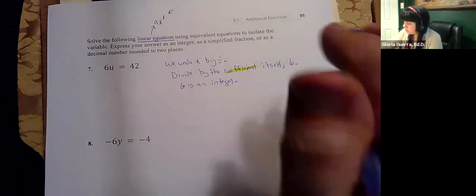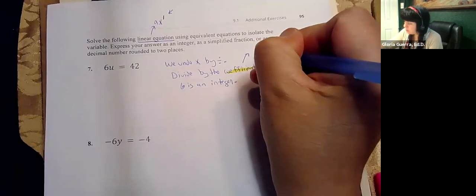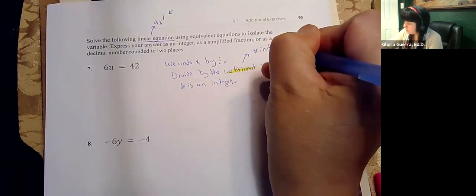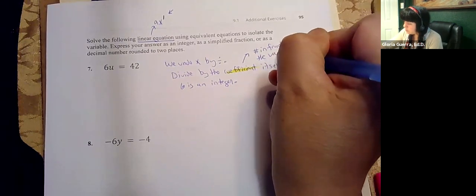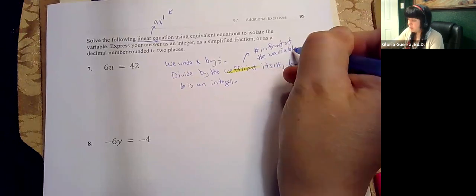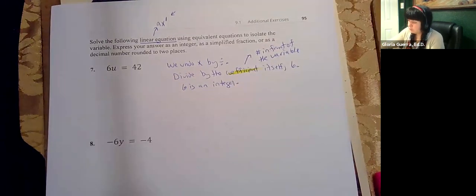I'm reminding you that the coefficient is the number in front of the variable. In case you're wondering what a coefficient is, it's the number in front of the variable.